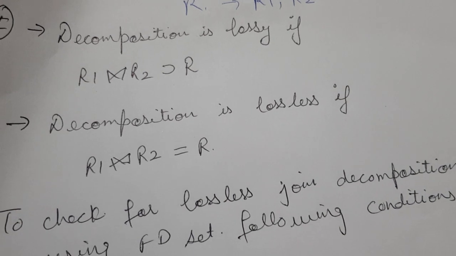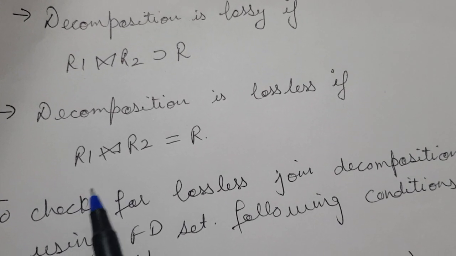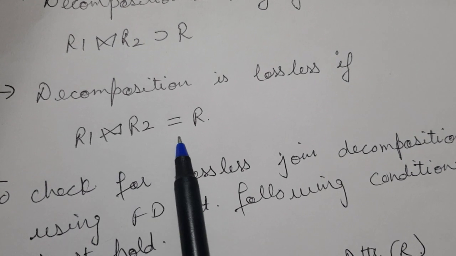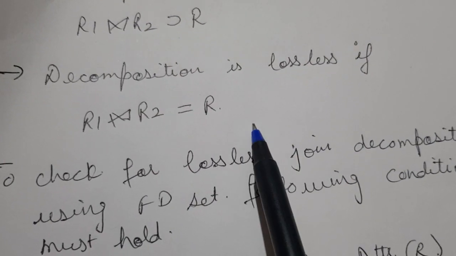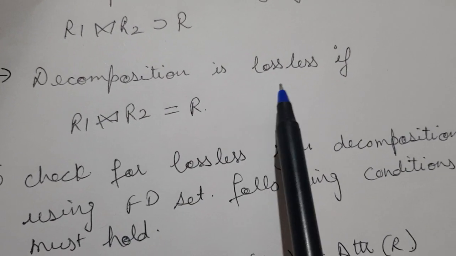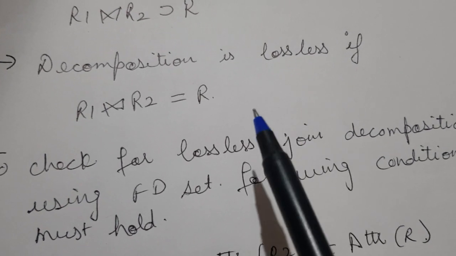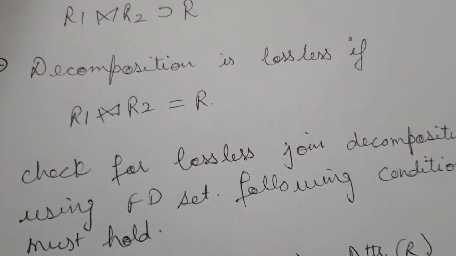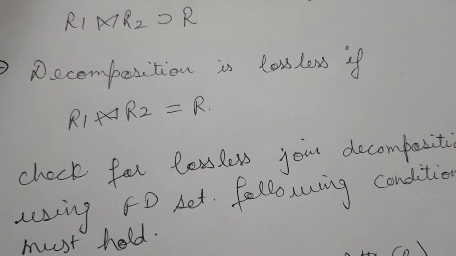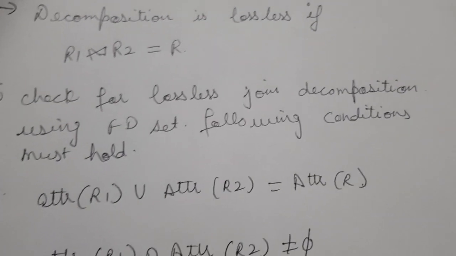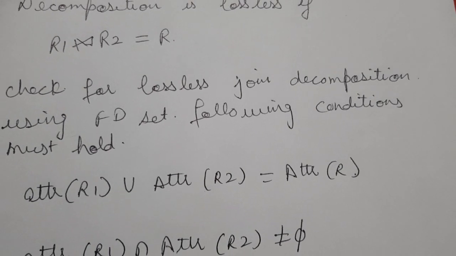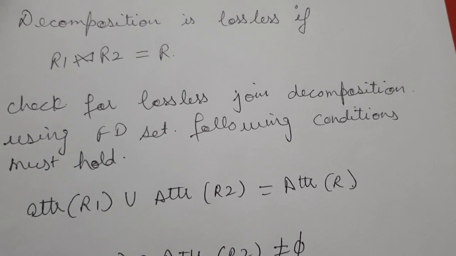Now when the union result of both the projections, that is R1 and R2, is equal to R, then we say the decomposition is lossless. Suppose we want to check whether the decomposition is lossy or lossless, then we can check the basic three conditions.